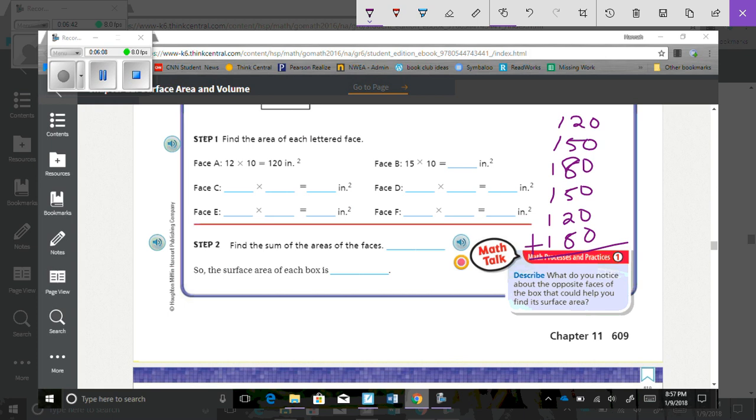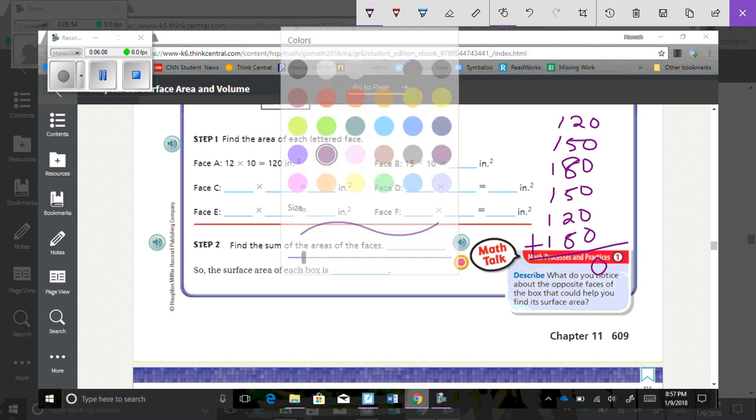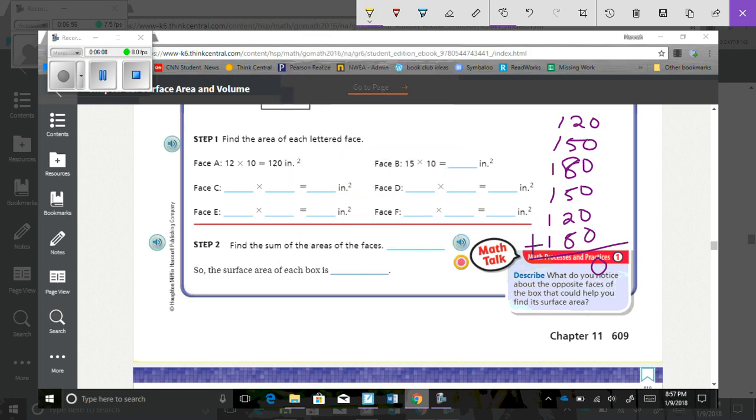Let's add all those up. So a whole lot of zeros, so we add a 0. And then we have to add this column. I'm going to go through because I prefer to make nice numbers. So if this doesn't make sense to you, you can add it your way. But I'm going to take that 8 and 2, and I know that that's 10. And then I know 5 and 5 is another 10, so that makes 20. And then 8 and 2 is 30.